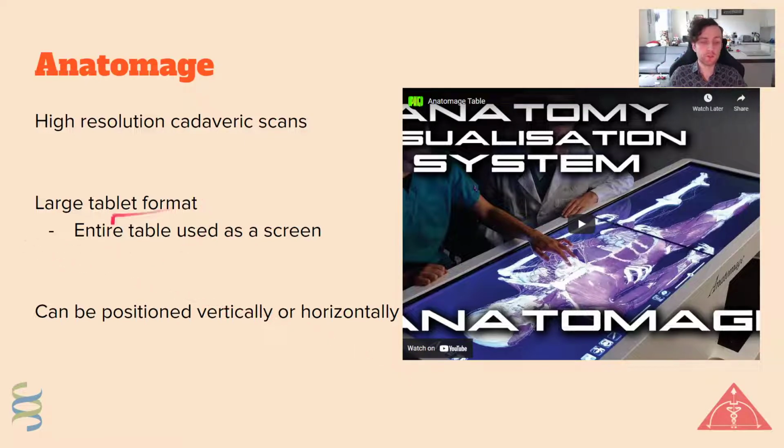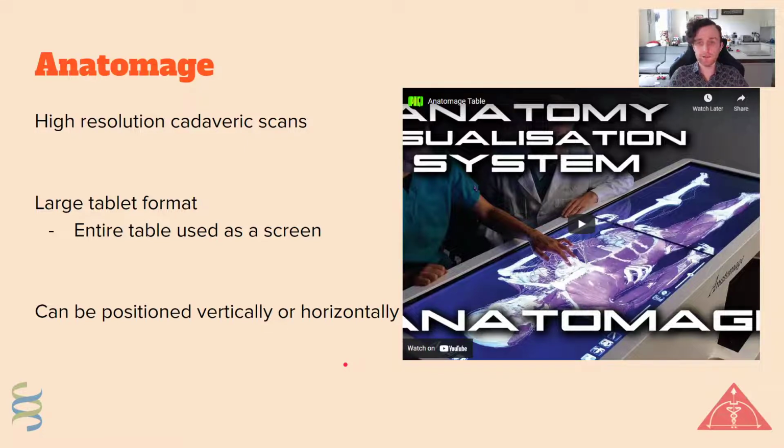So as you could see, it's kind of administered in this large tablet format. So this table, as you can see here, that is how you have access to the Anatomage software. It's one massive touchscreen. It's actually two televisions kind of spliced together. As you can see, there's the barrier there between the two.